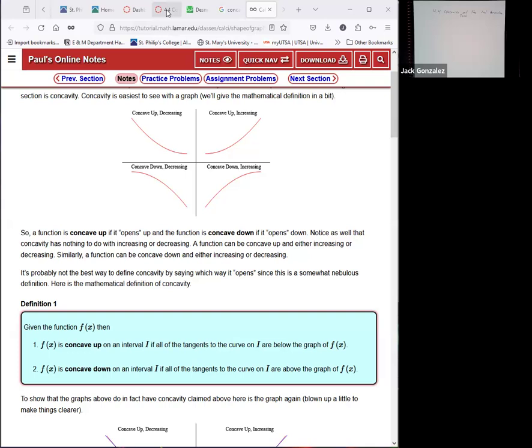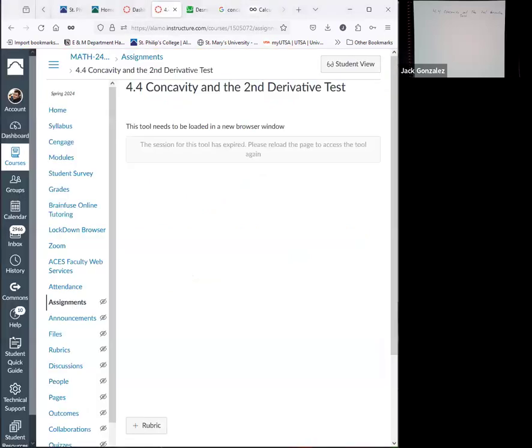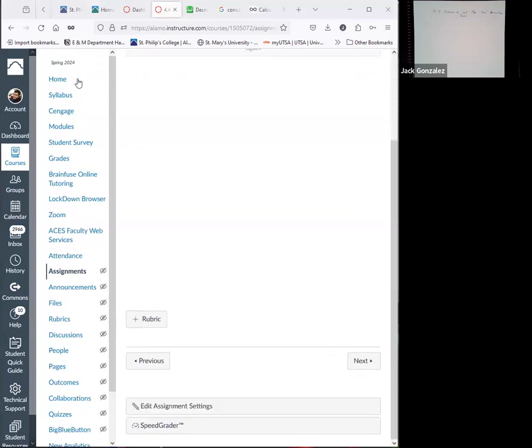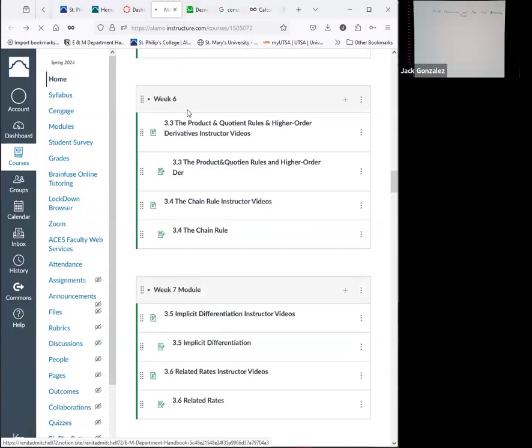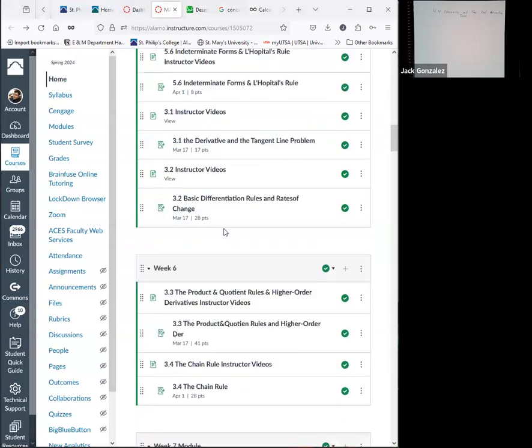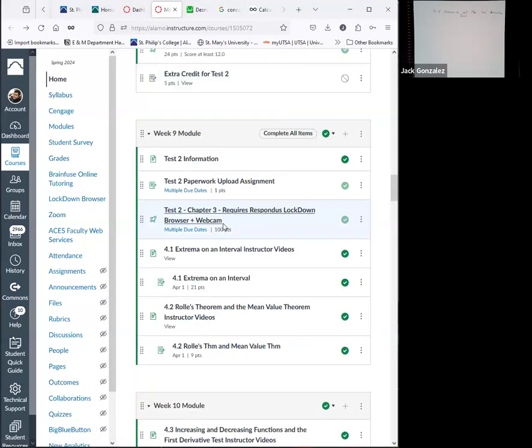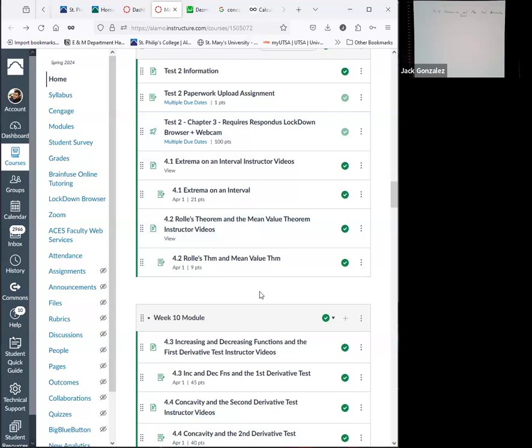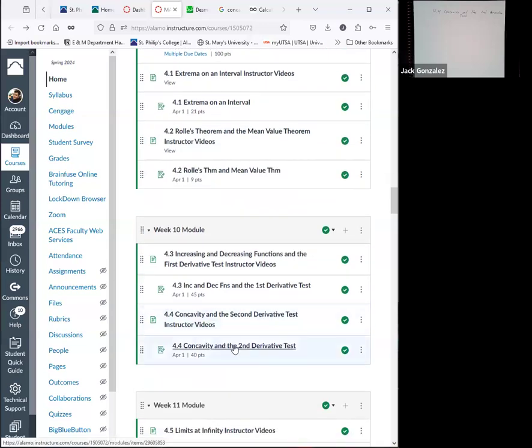So the beginning of the homework, where'd it go? We're going to use the second derivative to determine whether it's increasing or decreasing. So the first derivative from last time on Tuesday, we talked about the first derivative test on 4.3, which told us about increasing and decreasing.